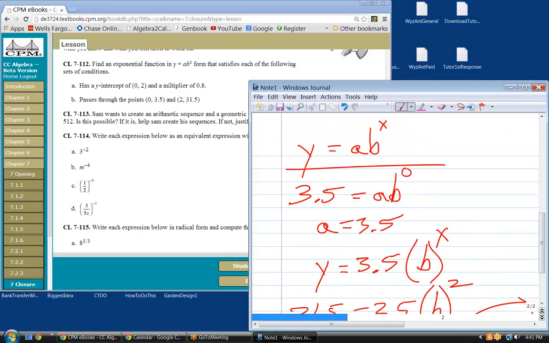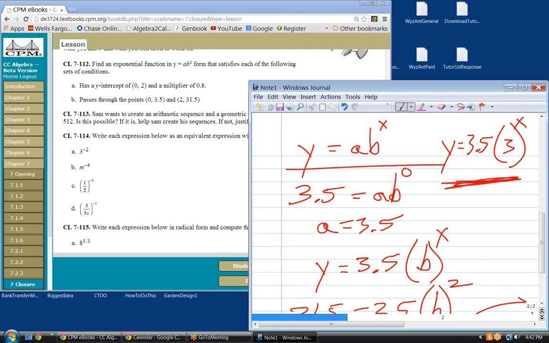There's 4 variables. We don't know any of them. What we want to end up with is knowing what a and b are. Once we get our final answer, in this case, we've solved for a, that was 3.5. We solved for b, that was 3. Well, now, this will answer any question as to what y will be when x is 10, or what y will be when x is 100.